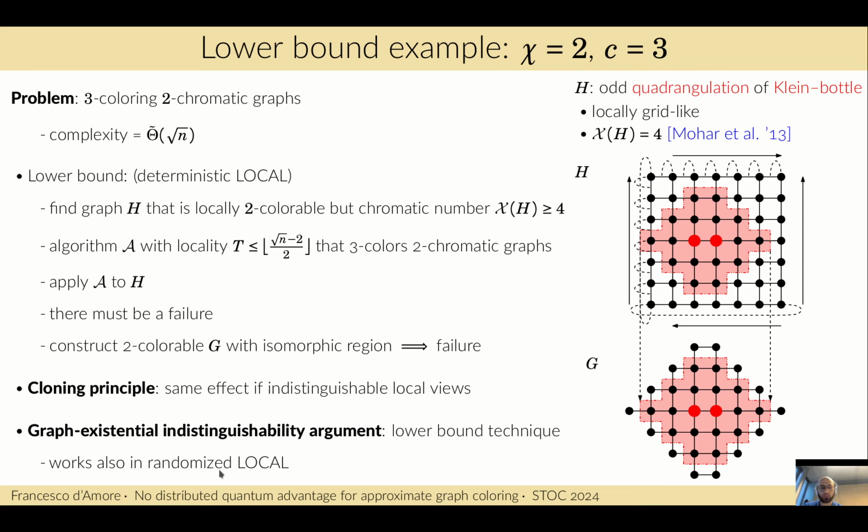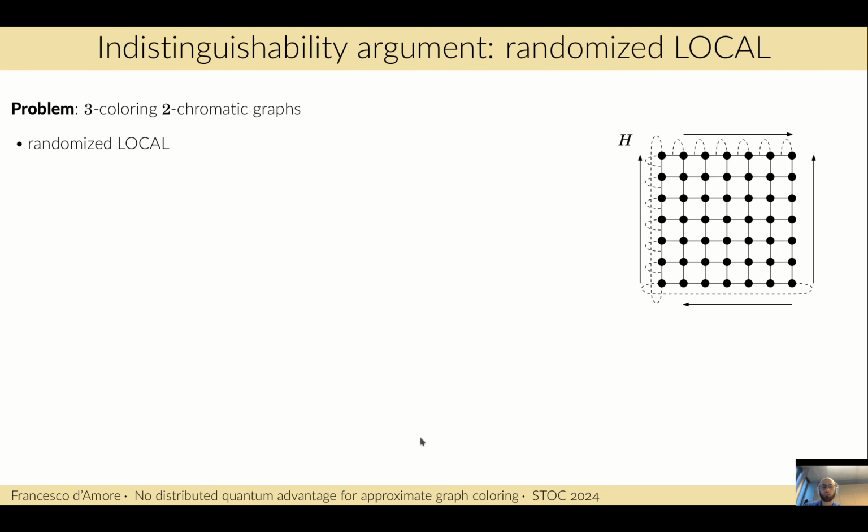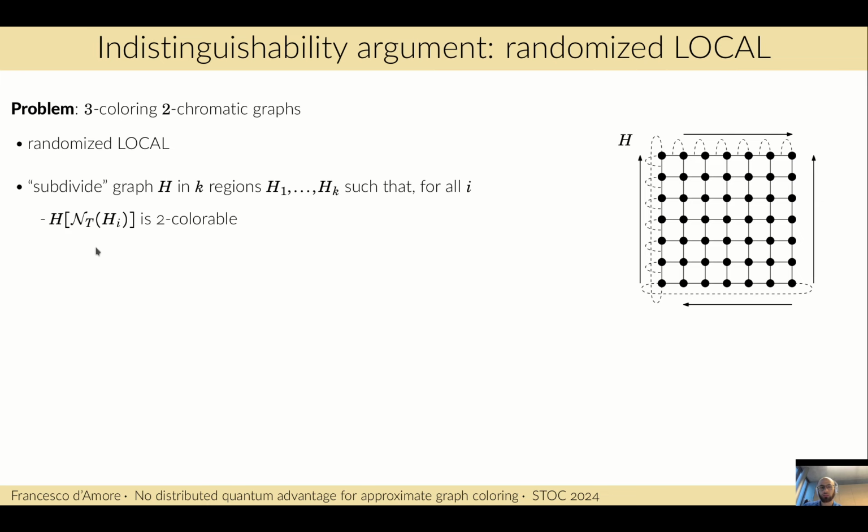It is not the case in randomized local, but we can overcome this issue. So we fix the same bad graph. Now we have to basically subdivide the graph into many regions, possibly overlapping, such that the T-neighborhood of any of these regions is 2-colorable.